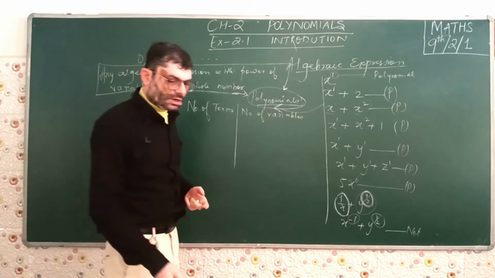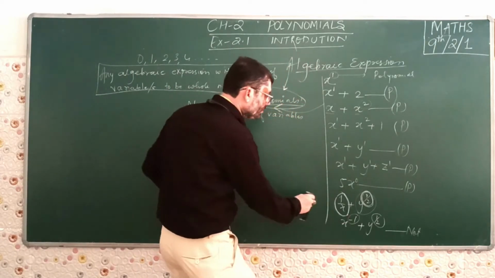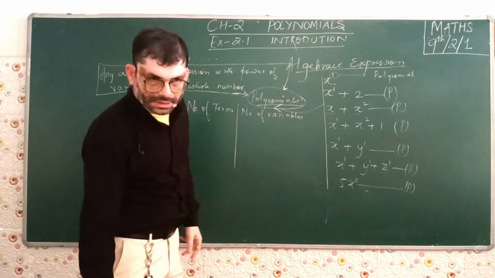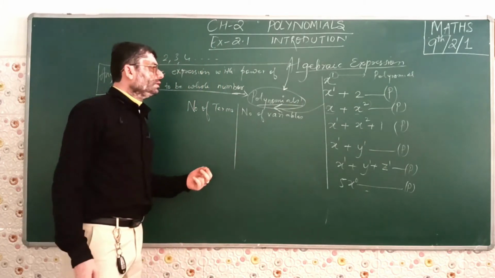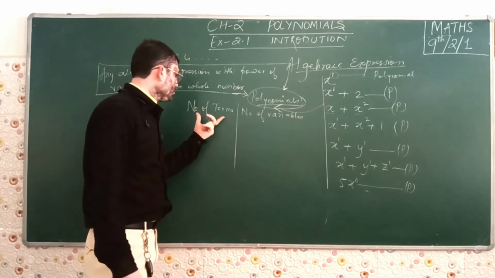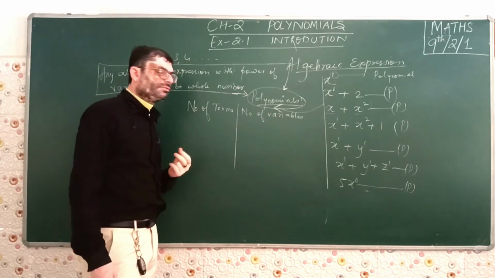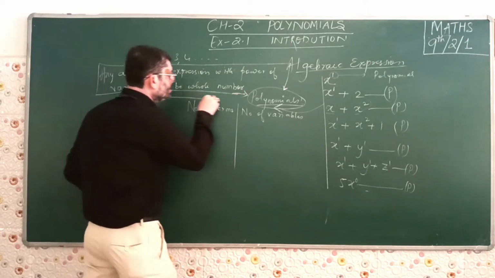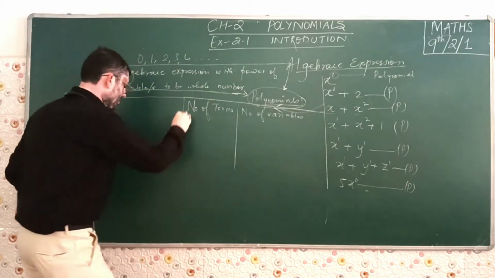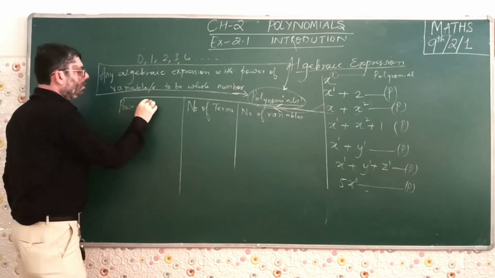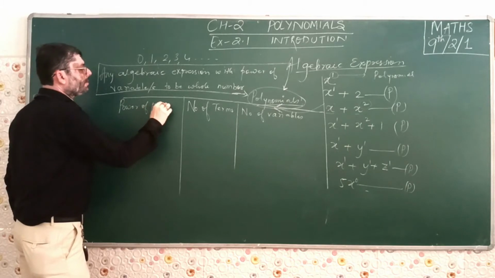So since we are talking about polynomials, let us remove this example now and we will be dealing only with polynomials. Now, previously I told you we had two things to observe: number of terms and number of variables. Now let us take a third part to discuss, and that is the power of a polynomial.